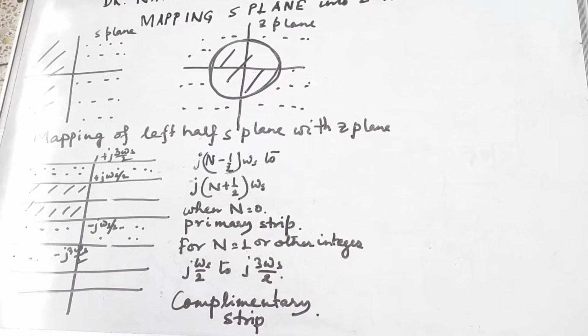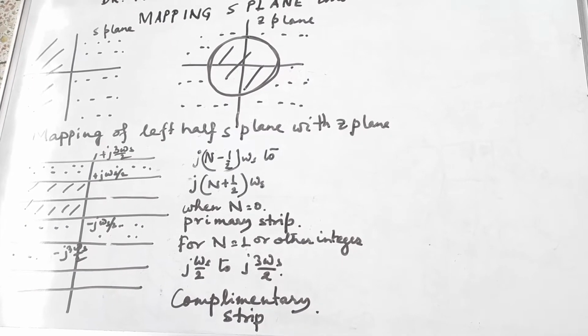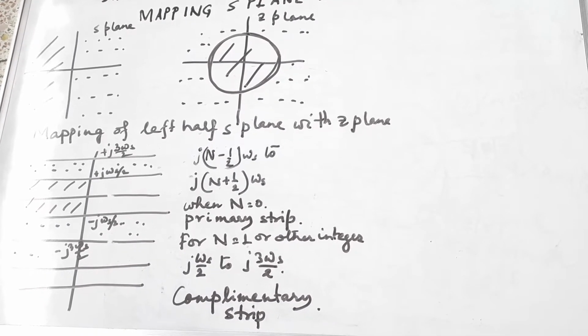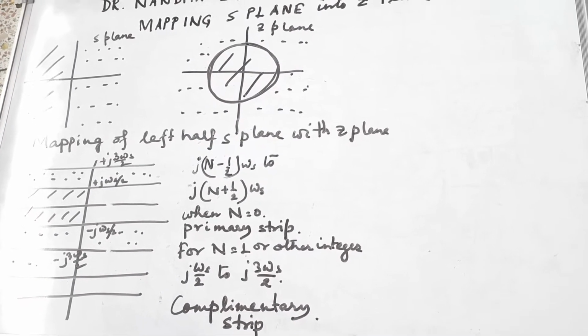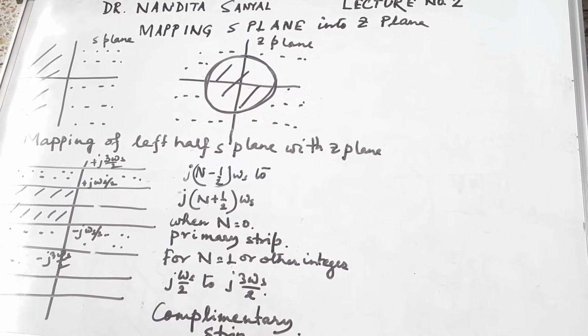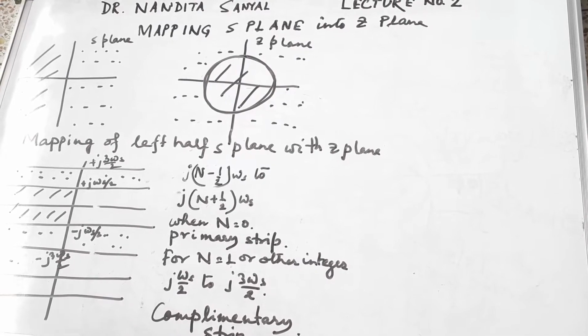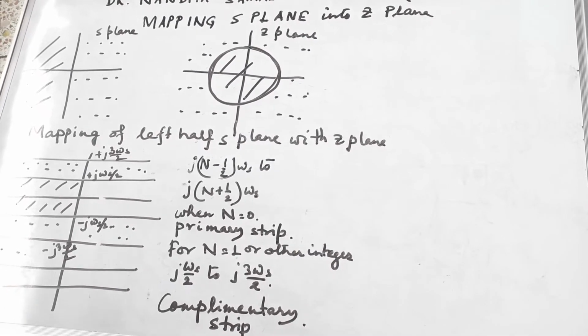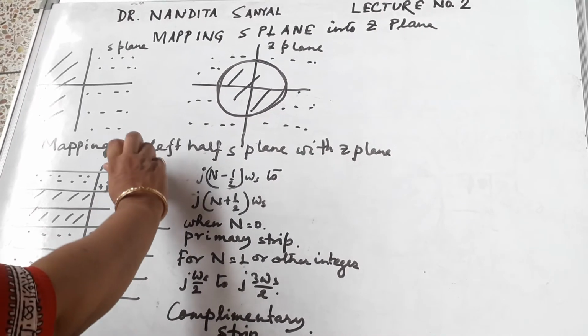Now, to map the left half of the S-plane with the Z-plane, let us only consider the left half of the S-plane in this particular figure.